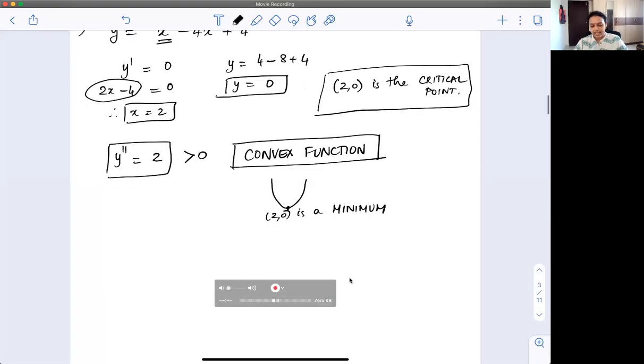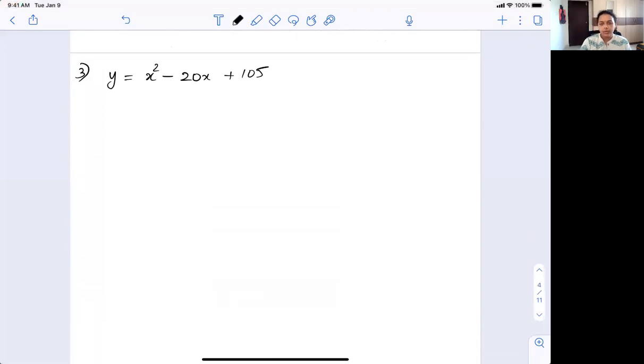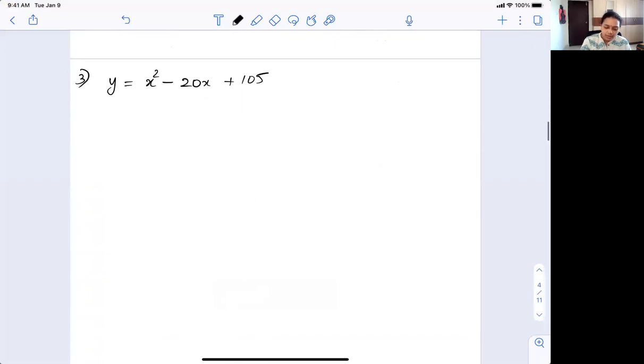Now I will stop sharing this and go back to my workbook. And let's try another example. So we have another U-shaped parabola here. Let's go ahead and classify the critical points of this function. We want y prime to be 0 to find the critical points.